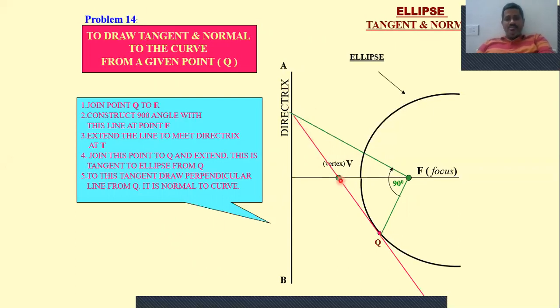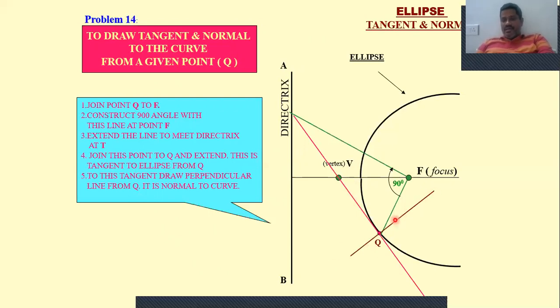This line need not pass through the vertex. It can be on the right side of V, or it can be on the left side of V. Now, after drawing a line from the directrix intersection point, which must pass through Q, draw a perpendicular line to this tangent like this.